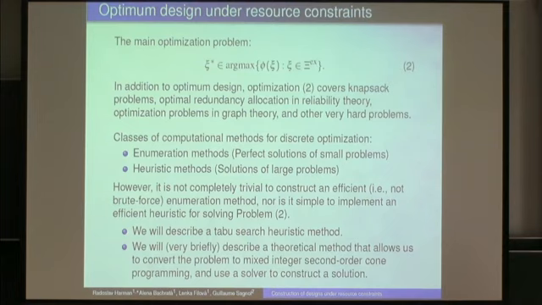Of course, a brute force enumeration may be simple to program, but there are much more efficient enumeration methods based, for example, on branch and bound. Okay? So we will describe the taboo search heuristic method, and then we will briefly talk about the mathematical programming method that can be used to tackle this problem.